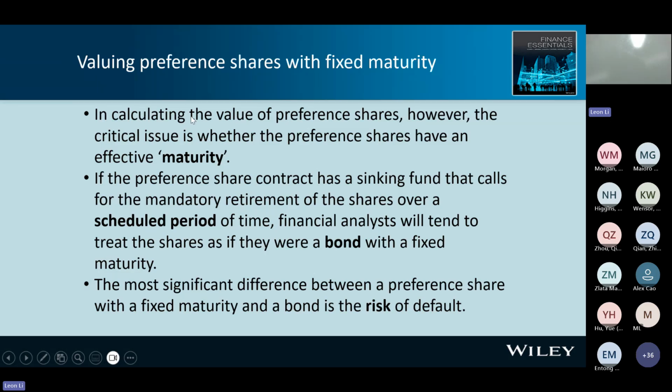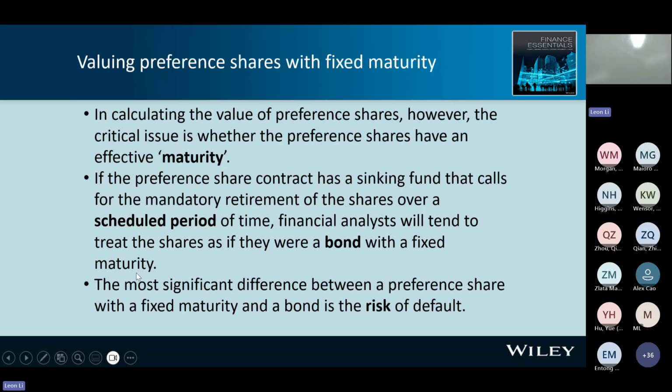So in calculating the value of preference share, the critical issue is whether the preference share has a maturity. Right? If the preference share contract has a sinking fund that calls for mandatory retirement of the share over a scheduled period of time, financial analysts will tend to treat the share as if it were a bond with a fixed maturity.